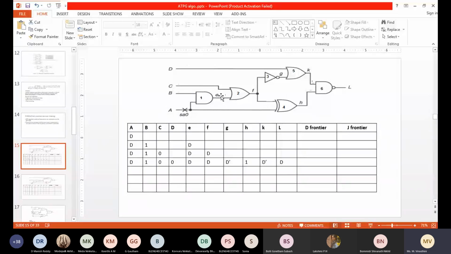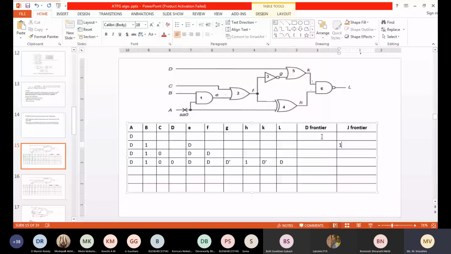I was on the verge of calculating B. So I was calculating the input, which means it is backward implication. Backward implication goes with J frontier or D frontier? J frontier. So here I need to write 1. Here, nothing for the first one. In the next step from E, I know E and F, and I was calculating C. So this 2 also will come in J frontier.